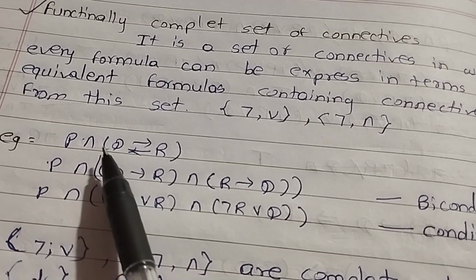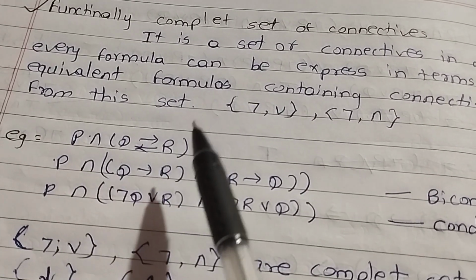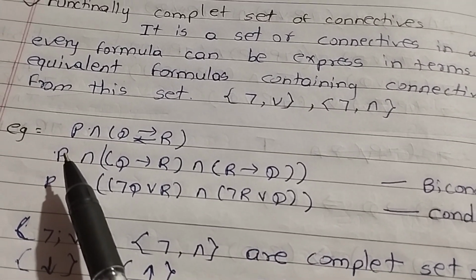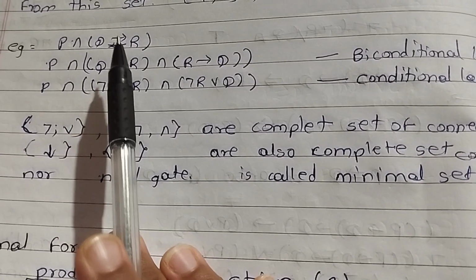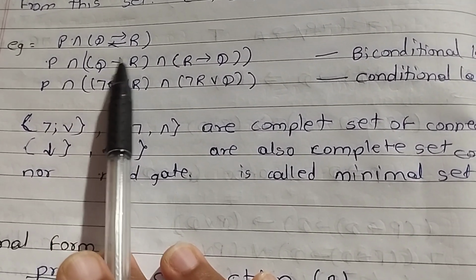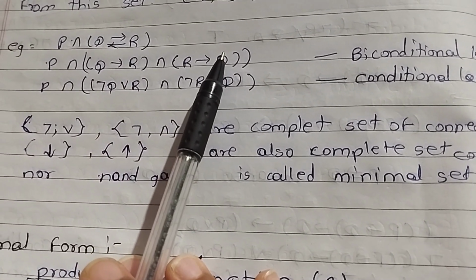So for example, the equation is given: P and Q biconditional R. Then by using the biconditional law we write (P conditional Q) and (R conditional Q). This is the biconditional law.